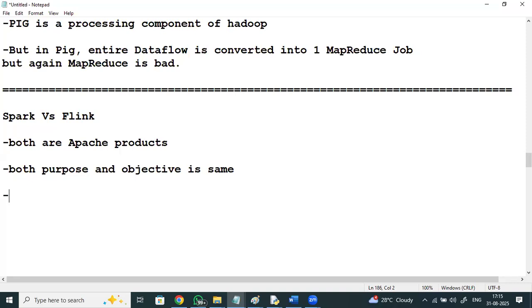In the earlier stages, whenever Spark was introduced, after Spark, Flink was introduced by Apache. There was a talk that Flink is dominating Spark and people started migrating to Flink. They were saying that Spark will be away from the market. Yes, it was real. Flink was dominating Spark.